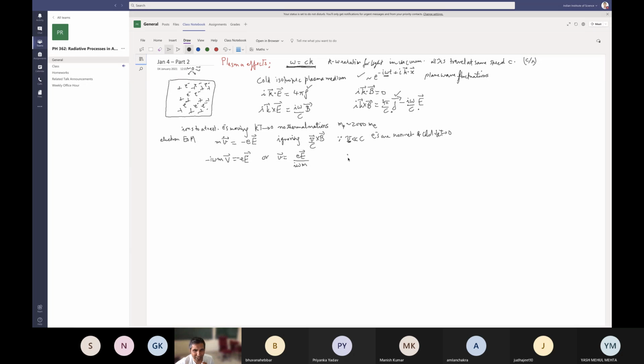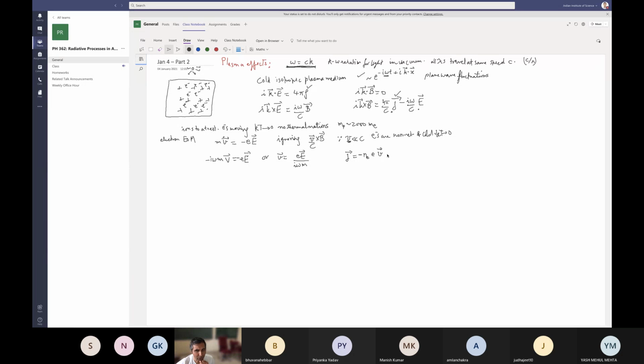What about J, the current density? J is equal to N, the electron number density, times E times V, with a minus sign because electrons have a negative charge. So E is the absolute value of the electronic charge.